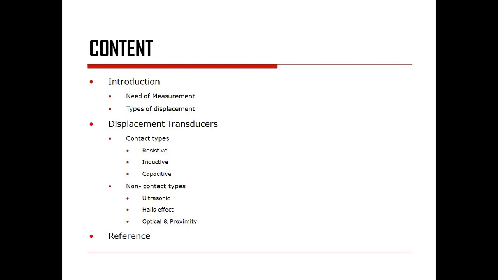Now, what is uniform motion? A body is said to be in uniform motion if it travels an equal distance in an equal time interval.